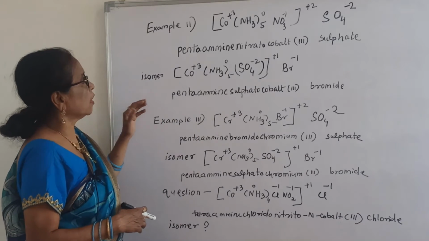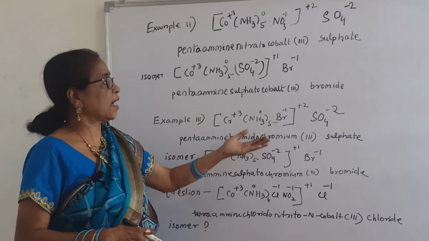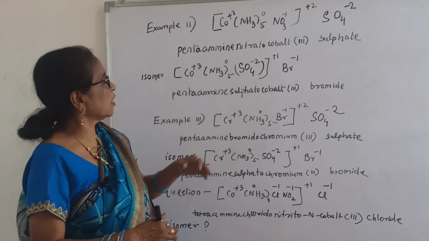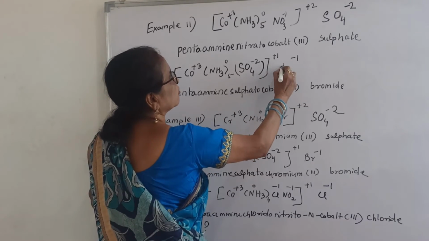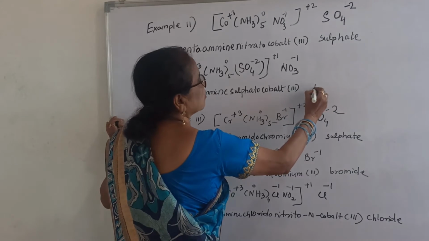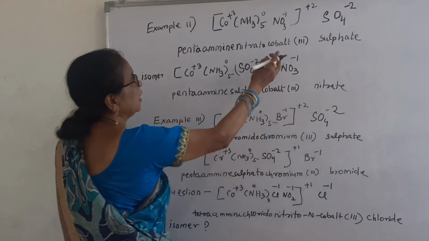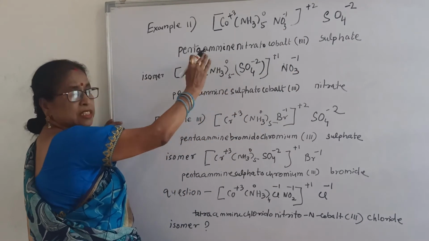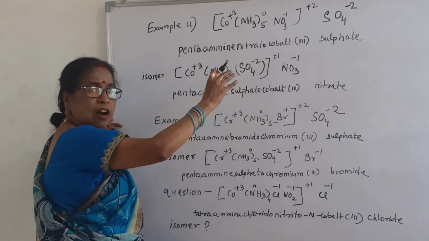Its isomer, what to do? The sulfate ion, which is outside, should become a ligand, and inside this is nitrate. So here the nitrate will go outside and sulfate will come inside, and the nitrate acts as the counter ion.